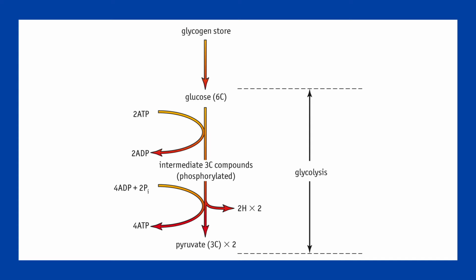Well, in the second step, these 2 3-carbon intermediates will be oxidized to pyruvate, which releases 4 ATP molecules. That means glycolysis has a net yield of 2 ATP molecules. This second stage is known as substrate level phosphorylation.